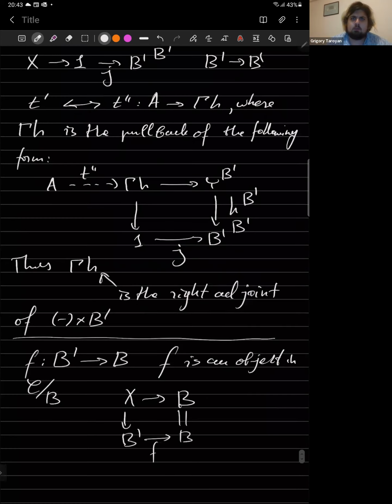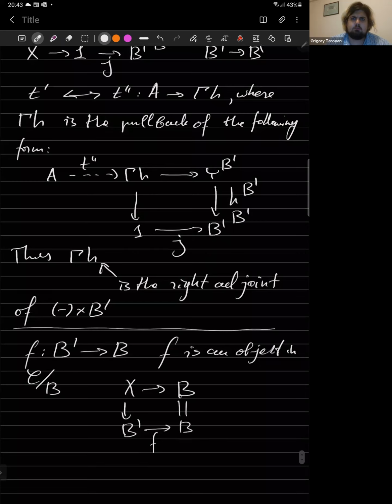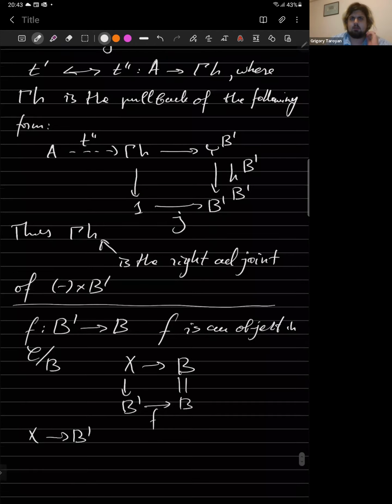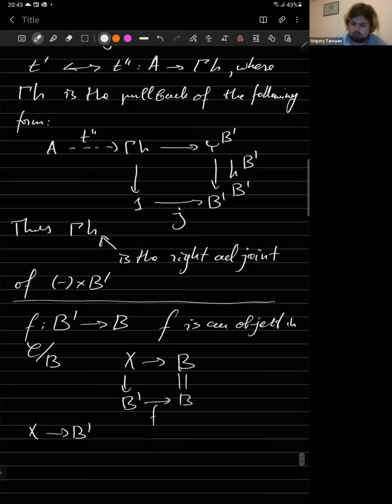So now we just need to note that this square is completely determined by the map from X to B prime. And so this is obviously an object of C over B prime.